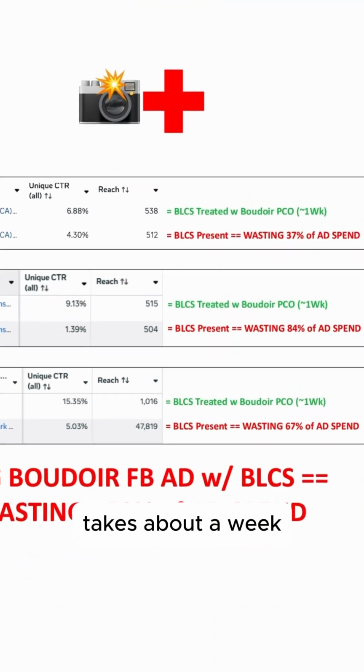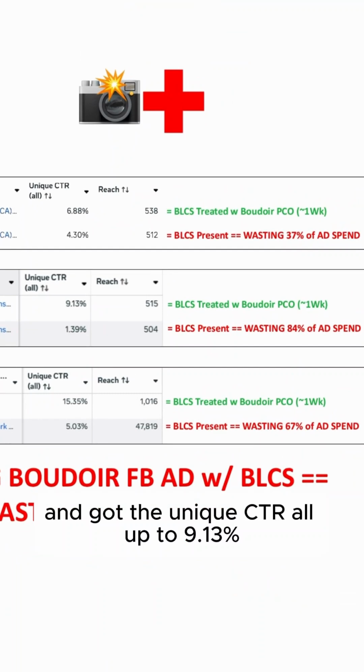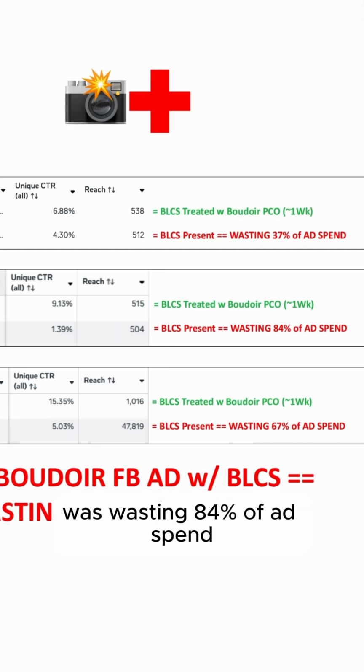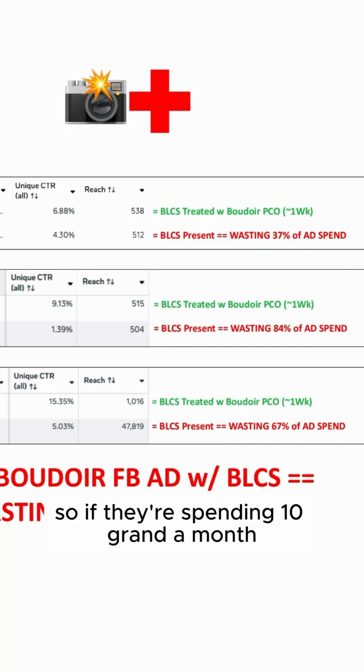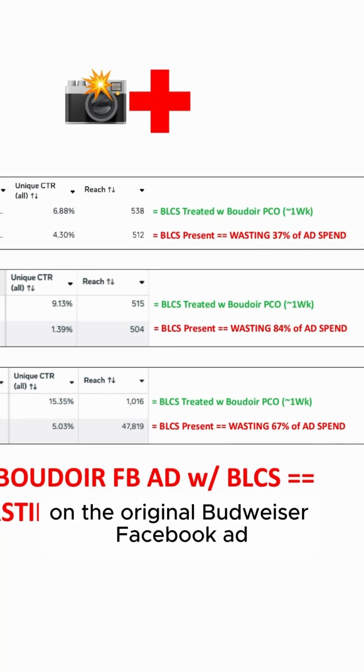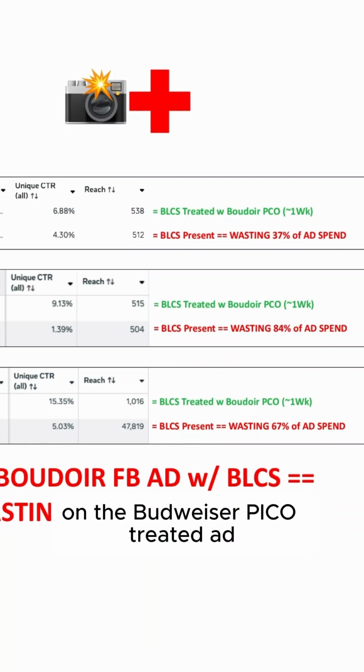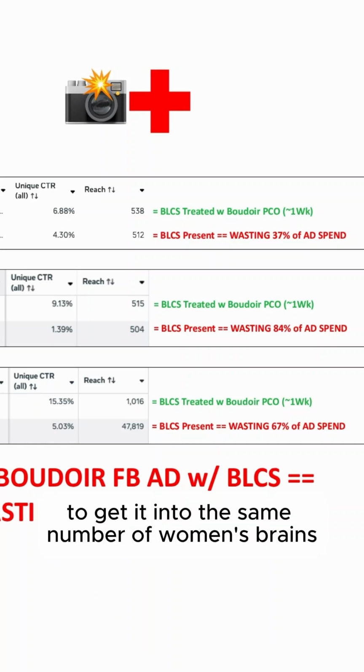It takes about a week, and got the unique CTR all up to 9.13%. So we found out the original Boudoir Facebook ad was wasting 84% of ad spend. So if they're spending 10 grand a month on the original Boudoir Facebook ad, now they only need to spend 1.6 grand a month on the Boudoir Pico treated ad to get into the same number of women's brains.